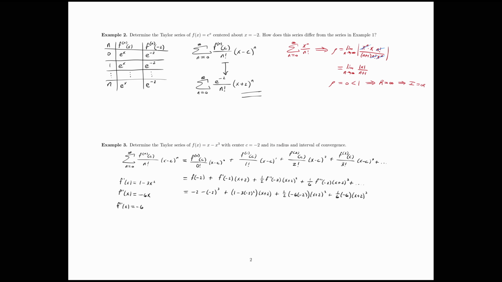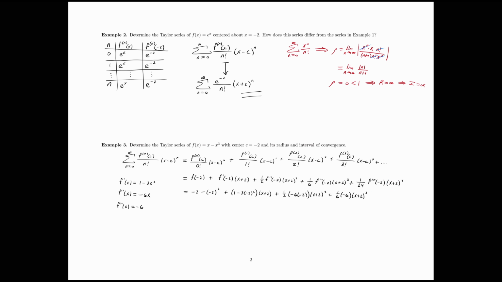Now I didn't include these higher order terms, but this next term would be 1 over 4 factorial, which is 24, 1/24th, f quadruple prime at negative 2, times x plus 2 quantity to the 4th power.